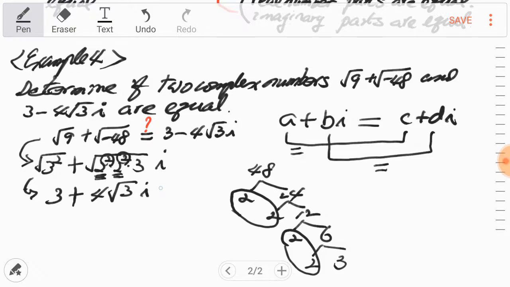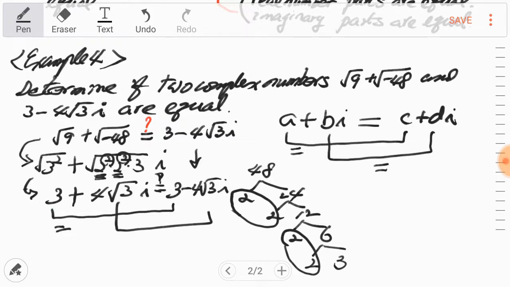So let's compare each real number part and imaginary number part. Is it equal to the right hand side, 3 minus 4 square root of 3 i? Let's check if they are equal. The real number parts, 3 and 3, are equal.